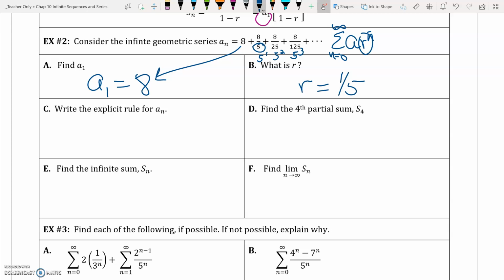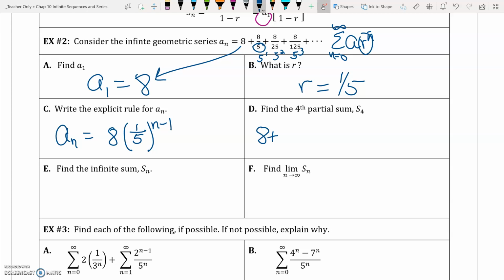So now we can write an explicit rule. a sub n is going to equal, and the way it's written here, I am going to adjust the rule a little bit, 8 times 1 over 5 to the n minus 1. I'm going to bump that index. Finding the fourth partial sum, I already have it written up there, I just have to add it.